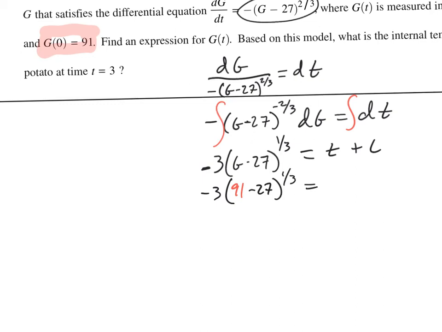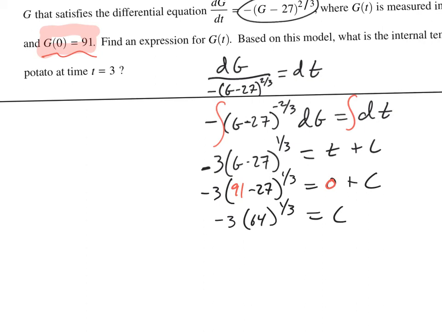And remember, the t is 0 in this situation. This came from here. Okay, so 91 minus 27 is 64. And 0 plus c is c.